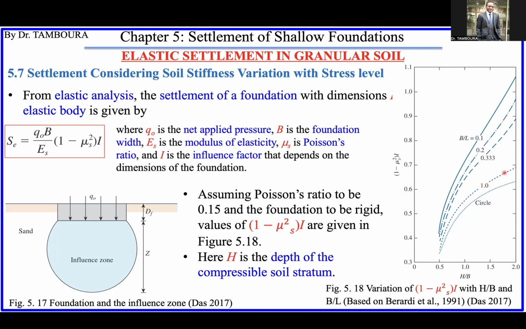And 1 here means just a square footing, because B divided by L giving 1 means they have the same dimension. And this one is for a circular footing. Okay, so this is assuming this Poisson ratio.